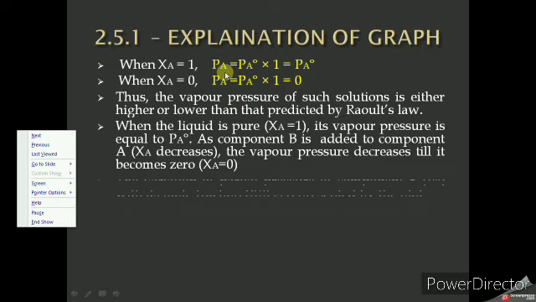So the partial pressure of A is nothing but the vapor pressure of A times XA, but as soon as you add B, your XA goes on decreasing. When it becomes 0, you have to write 0. That means the vapor pressure of A also becomes 0.